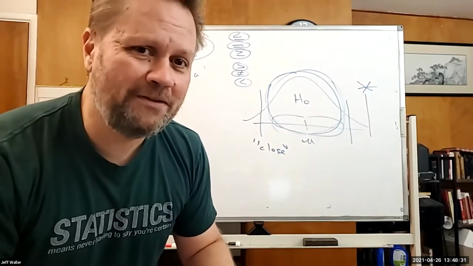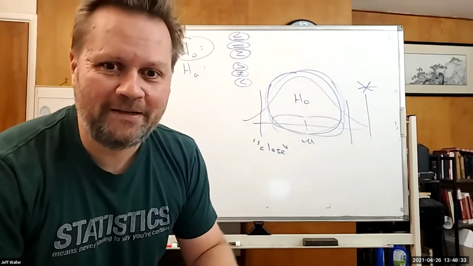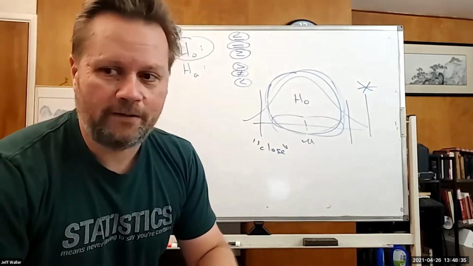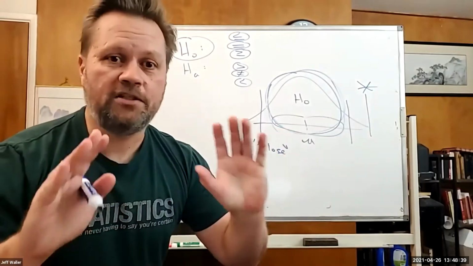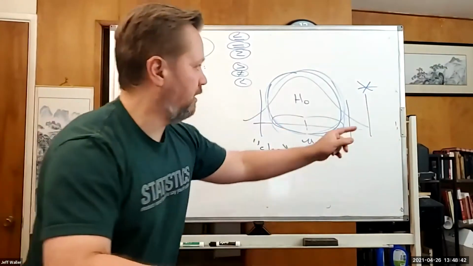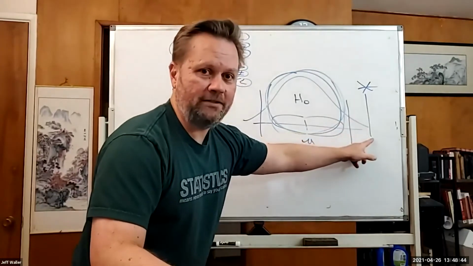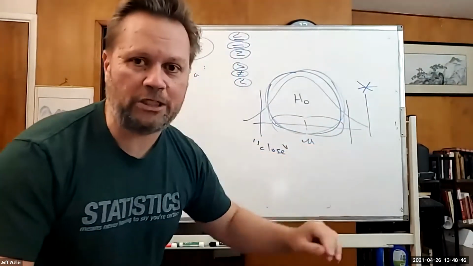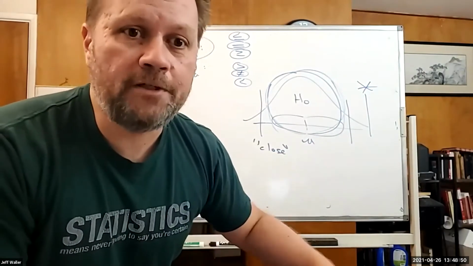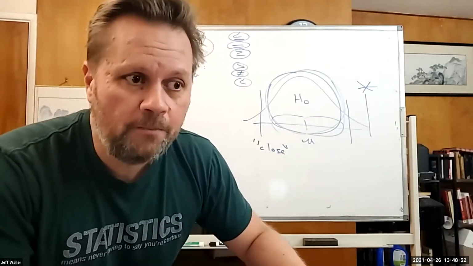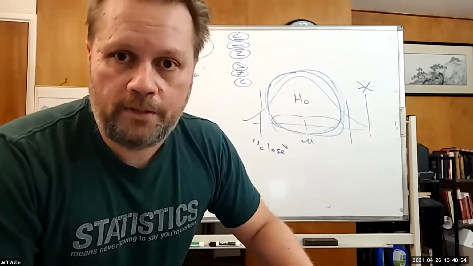Okay, I got two people nodding yes, and everybody else is not showing me anything. Let me try this again. Let me just tell it to you. Yeah, this would be incredibly unlikely to do if the mean is actually there. So what's more likely? That we just accomplished something really improbable, or that the mean is in the wrong place?